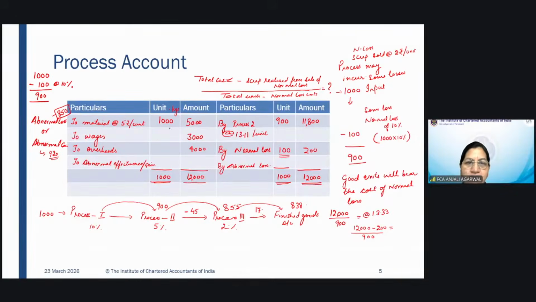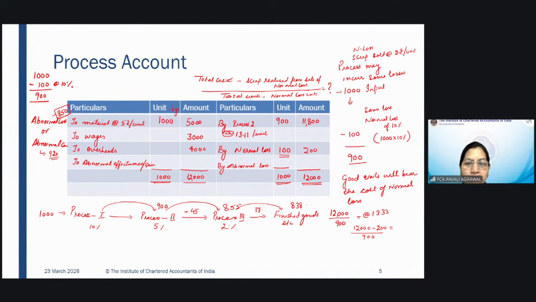It just simply means that when the workers were handed over 1,000 units, we were expecting them to produce 900 units. But they have done their job a little better or maybe a little more carefully. So they have generated not 900 units, but 920 units. So if they have generated 20 extra units, this becomes an abnormal effectiveness or abnormal gain.